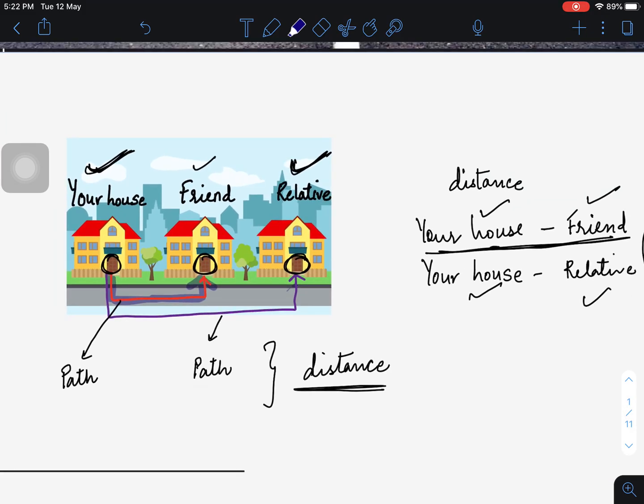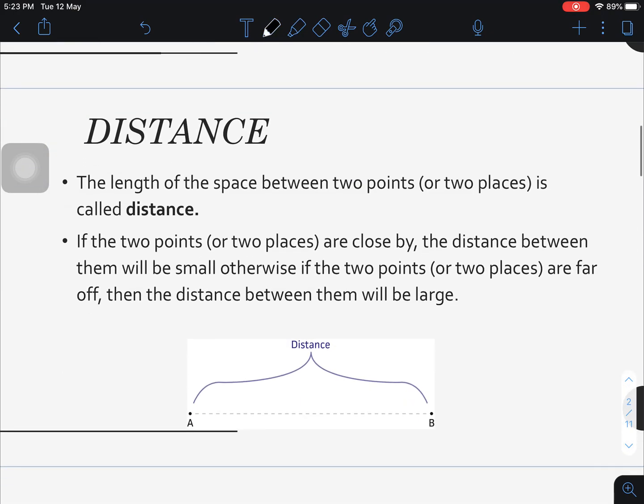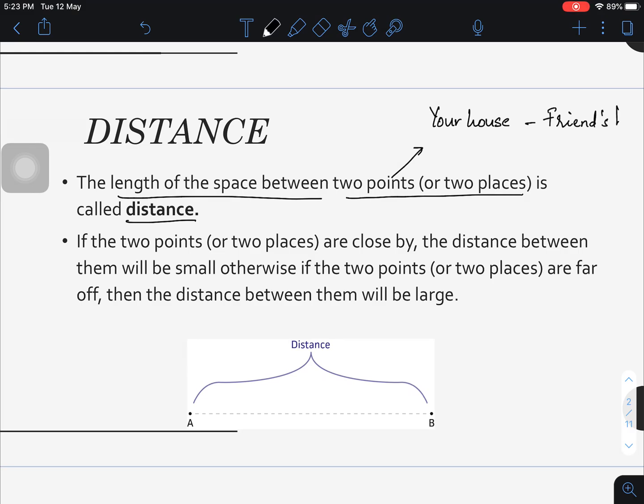So the path that you travel, this path, is the distance. Again, this path is the distance. You can see here also, the length of space between 2 points is distance. What were the 2 points that we were discussing? It was your house and your friend's house; that was case 1.